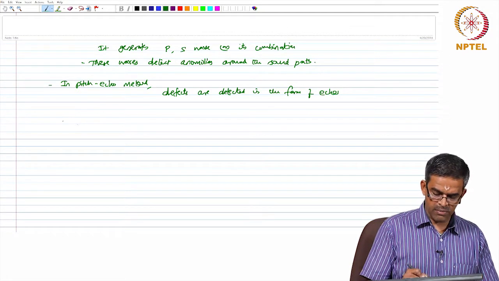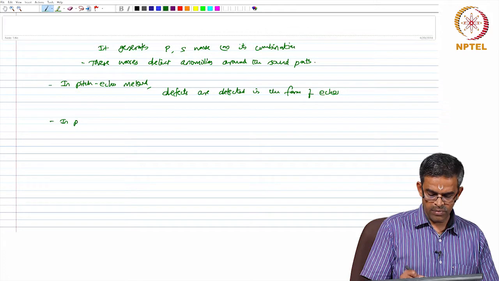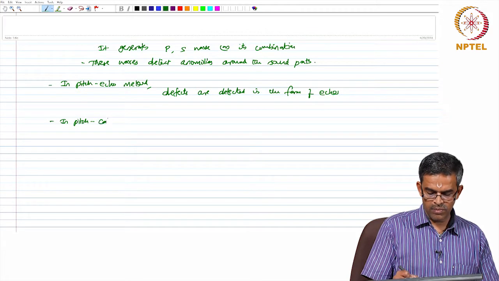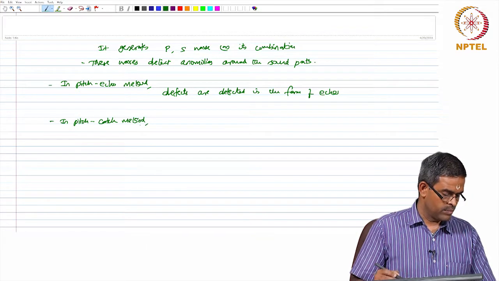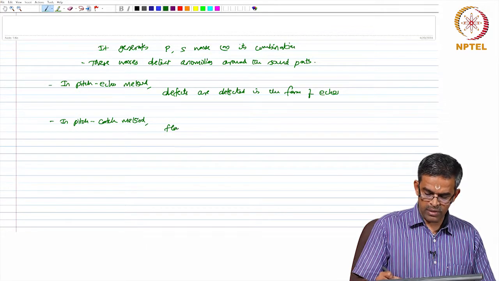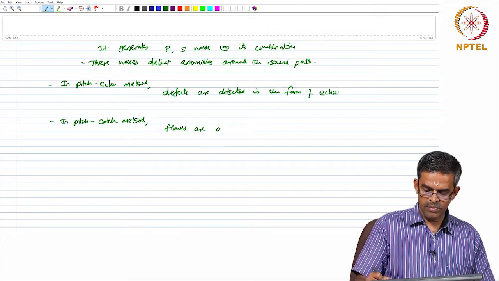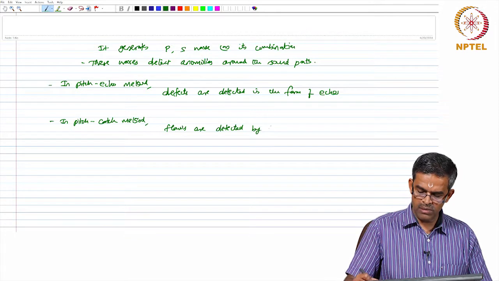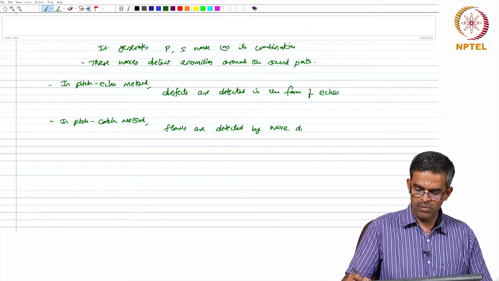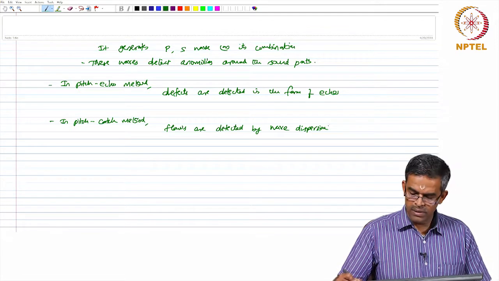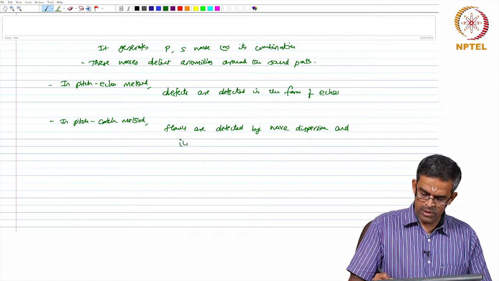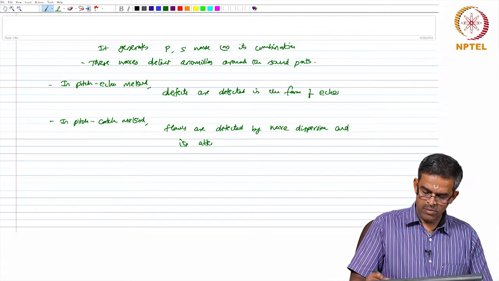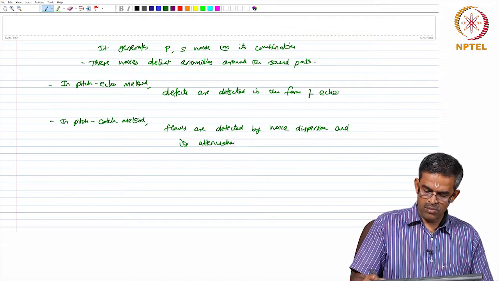In pitch catch method, flaws are detected by the wave dispersion and its attenuation due to damage.